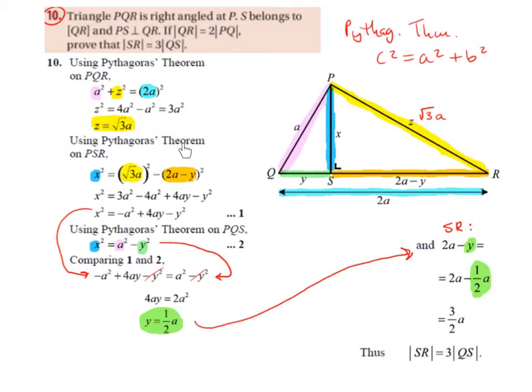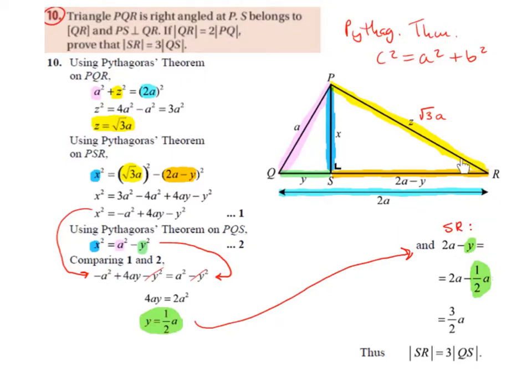Again, using Pythagoras' theorem, now on PSR. So the C squared is going to be root 3A. And the A squared and the B squared are going to be x squared and 2a minus y squared. So I've just decided to call this x, but you can go with whatever letter you want.